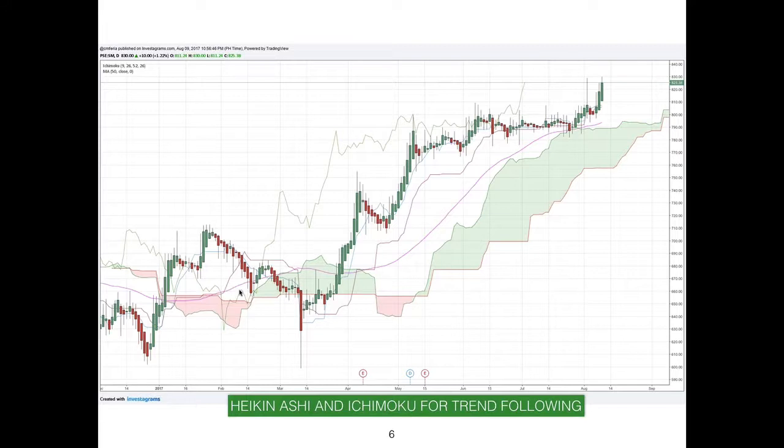So you would have lost all your profits. Say you're a position trader and you want to hold on to this. You don't have a clue whether this will hold or not. Now this broke a support, so you lost all your profit from here to here.